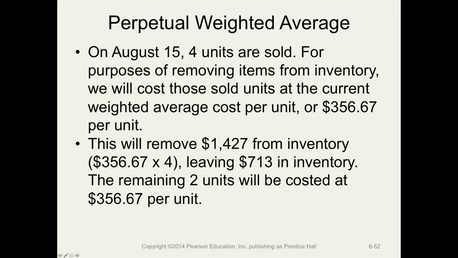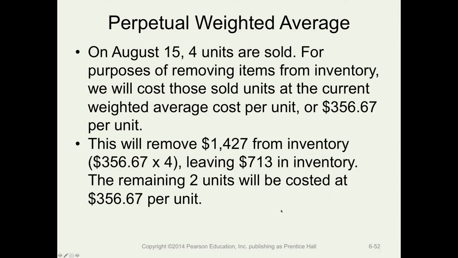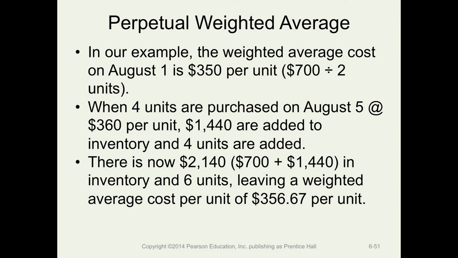If there is a purchase, when you added 12 units, then of course that would change it. That's later. But right now, when the units are sold, they're going to be sold at the average cost of $356.67, which we calculated earlier. So now it's removing them at that cost.